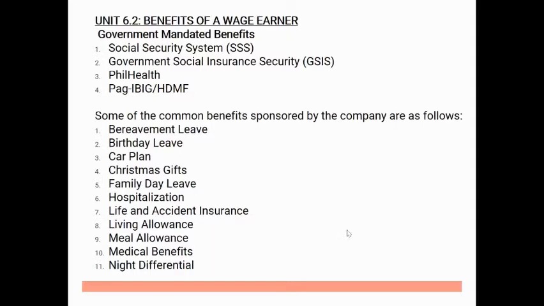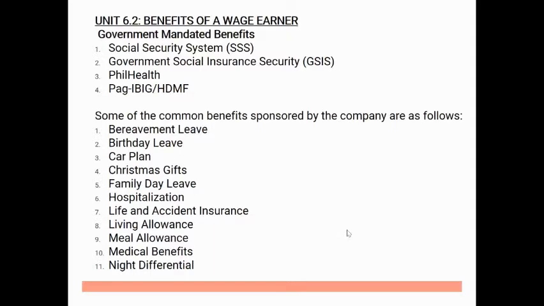Pag-ibig or Home Development Mutual Fund, or HDMF, is a national savings program and an affordable shelter or housing financing for both private and government workers. Some of the benefits for being a member of Pag-ibig are provident or savings benefits, overseas program, housing bonds, provident loan, and housing loan.